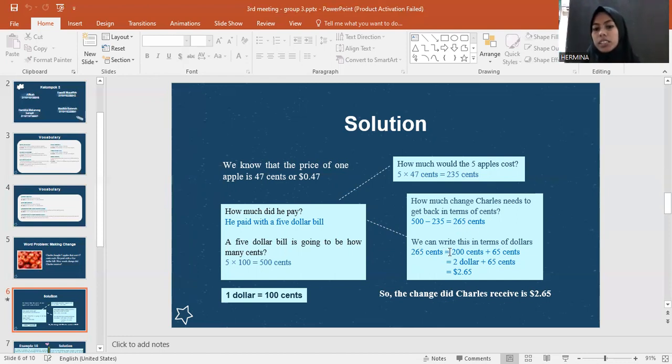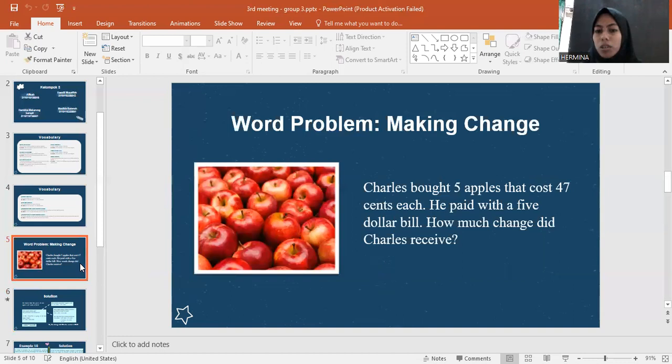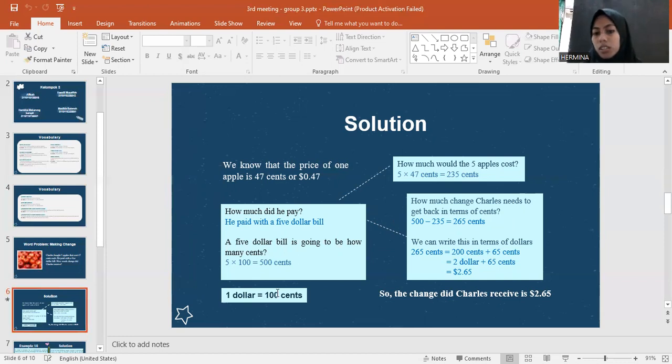So we can write this in terms of dollars. Let's go back again to the question. How much change did Charles receive? From here, she paid $1, and in the question, they didn't ask us to convert it into cents.